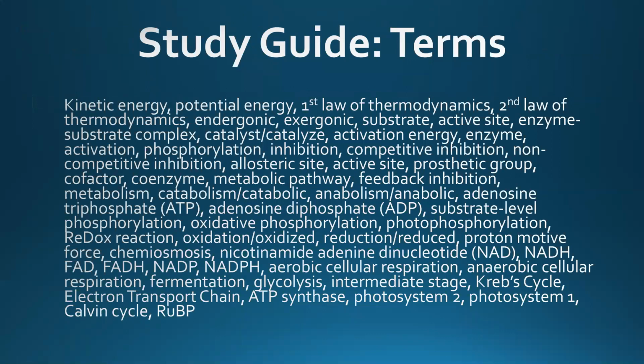There you go. So this is the study guide for terms for both chapter 6 and chapter 7. Okay. So you should be able to explain the concepts that are found in here, but also not just memorize the definitions, but use the terms to explain the processes in detail.